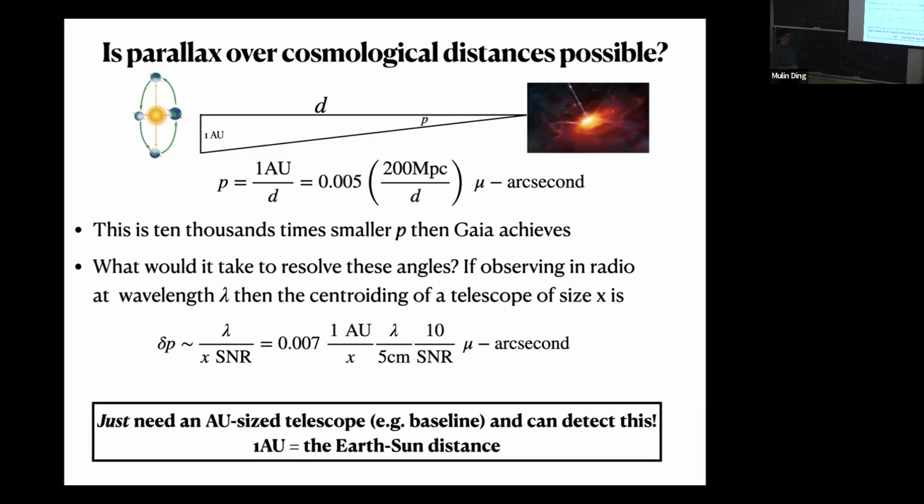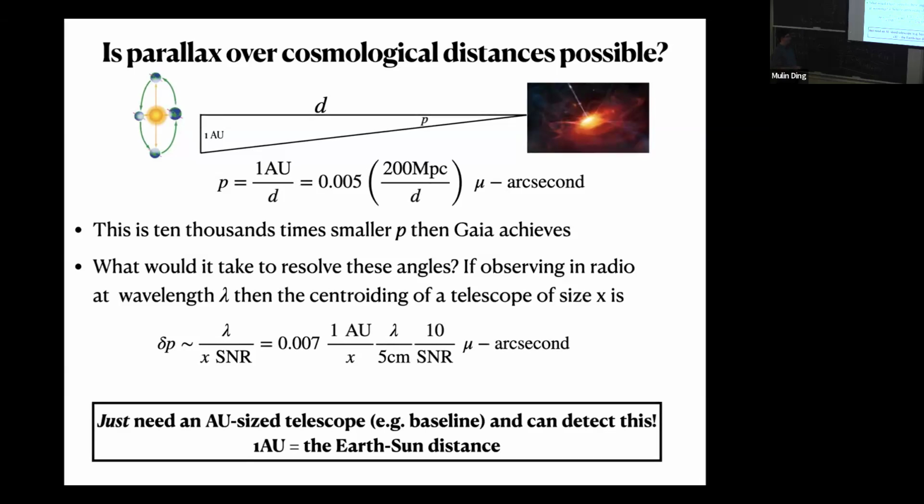So we could just do an exercise to ask, like, what the heck would it take to actually measure this? How well you can measure an angle is the wavelength of the light you're looking at divided by the size of your telescope, divided by the signal-to-noise ratio that you're detecting the object at. We're going to do this in the radio because of the direction that this talk is going. So the wavelength I'm going to say is 5 centimeters.